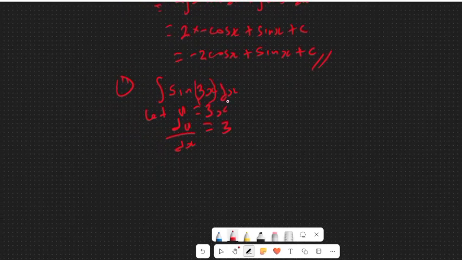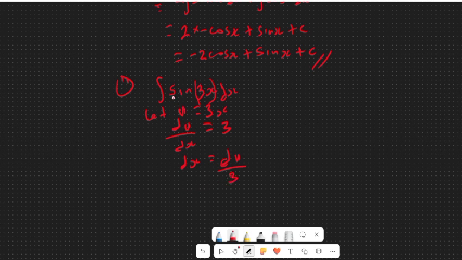Now make dx the subject of the formula, and that will give you dx to be du over 3.